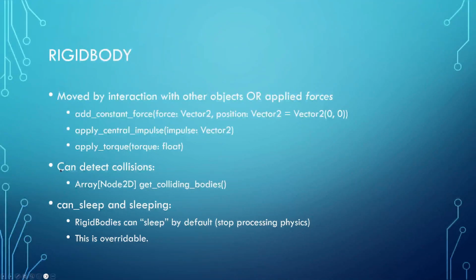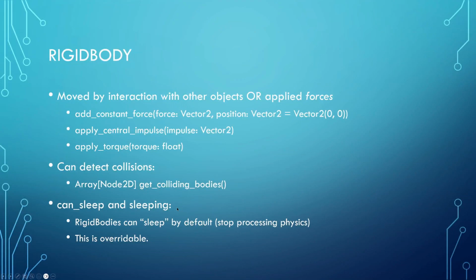Rigid bodies have the ability to detect collisions. So you can say get colliding bodies and you'll get an array of node 2D objects. And so you can sort of look through them and see, what am I colliding with? And you might need to do that to figure out how to act.